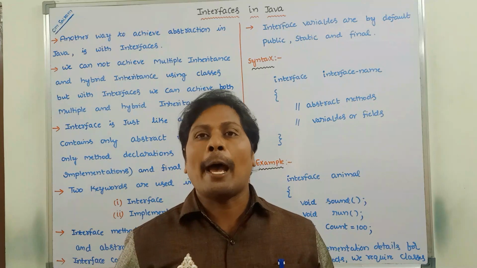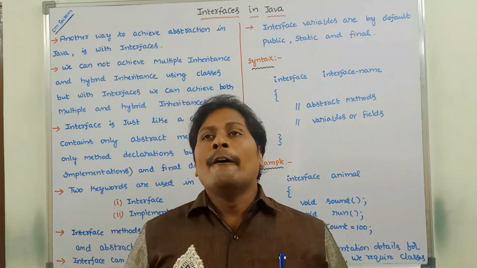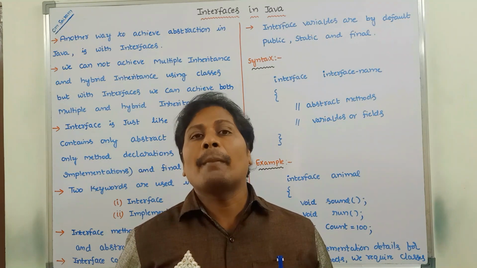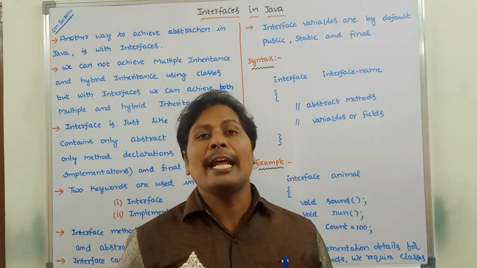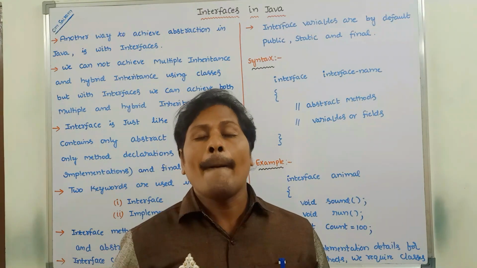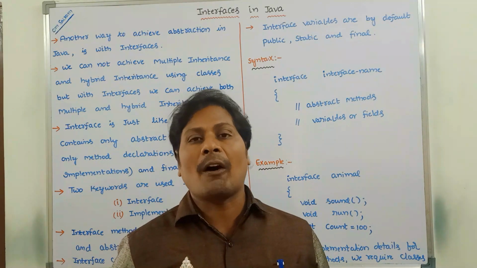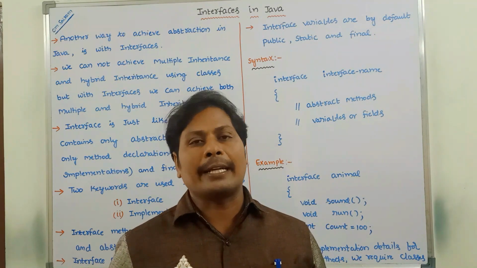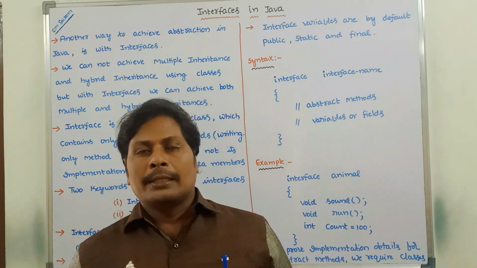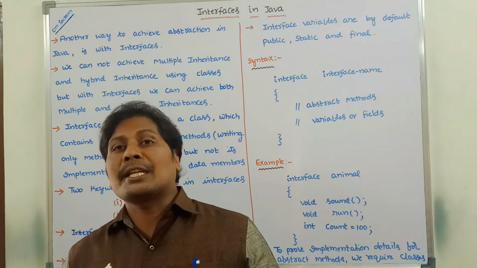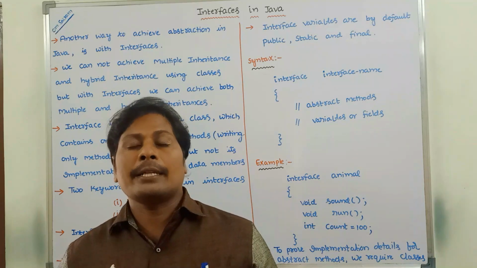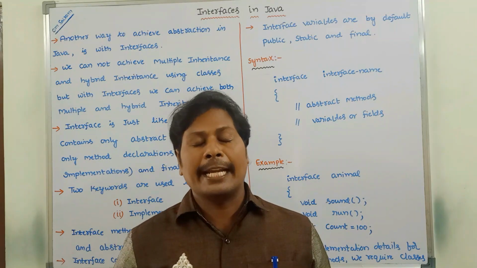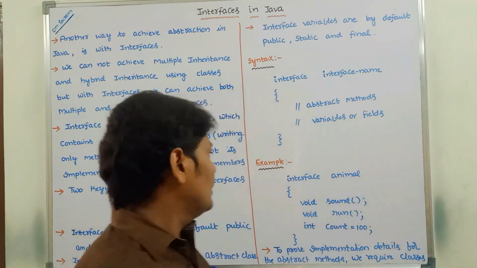That is called an abstract method. Now, a final data member: a data member declared with the final keyword acts as a constant. It cannot be modified during program execution. So an interface is similar to a class, but it contains only abstract methods and final data members.